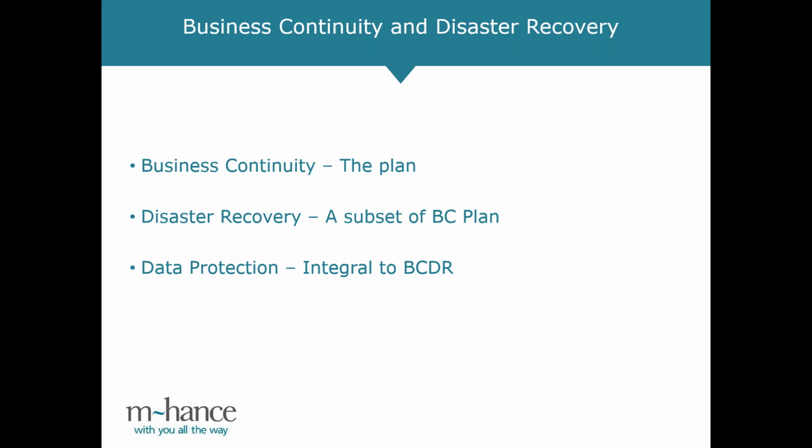It ensures continuity of operations with minimal service outage or downtime. Disaster recovery is a subset of the business continuity planning. A disaster recovery plan will typically contain the steps to restore data and critical applications in the event of a disaster.